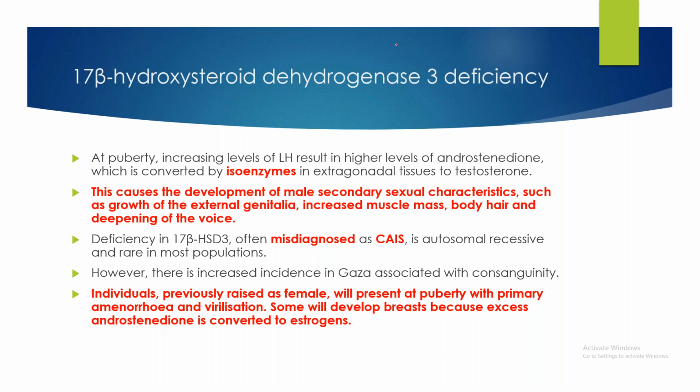Their gender is assigned as female, usually, but at presentation there will be primary amenorrhea and virilization. Sometimes there will be breast development because the excess androstenedione is converted to estrogen in the peripheral tissue. So sometimes breast development may occur. So these are the atypical features of 17 beta hydroxysteroid dehydrogenase deficiency.